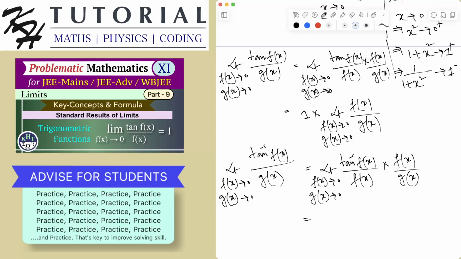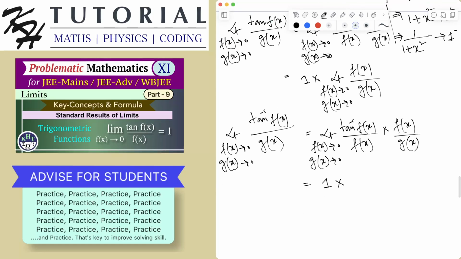The limiting value of tan inverse f(x) by f(x) when f(x) tending to 0 is obviously equal to 1, and we have this equal to the limit of f(x) by g(x), which will be of the 0 by 0 form.